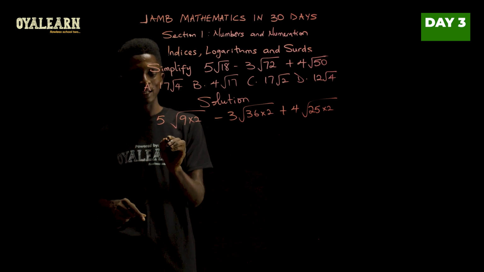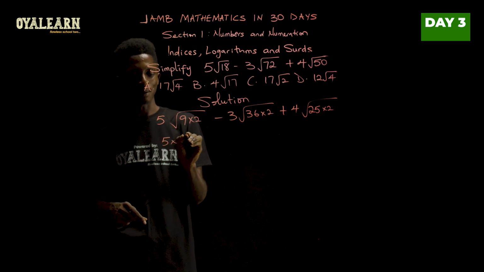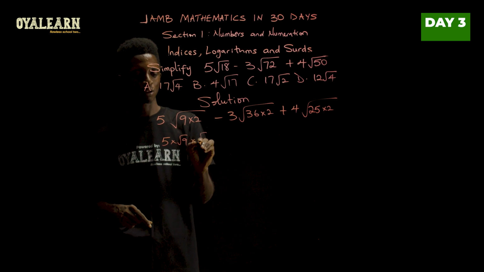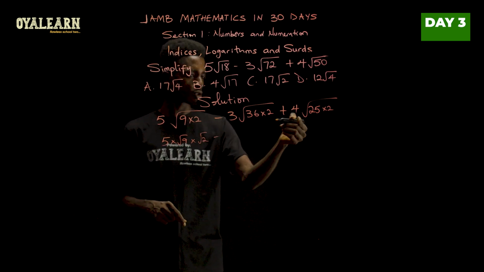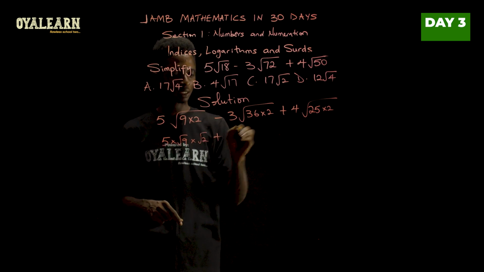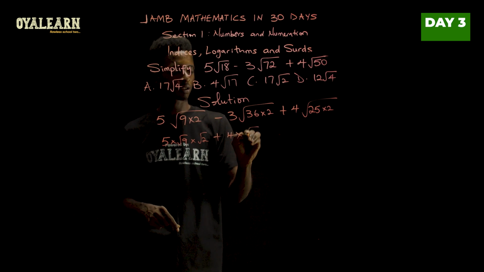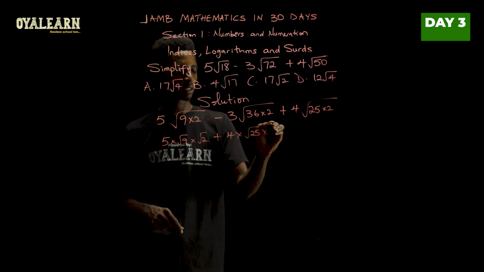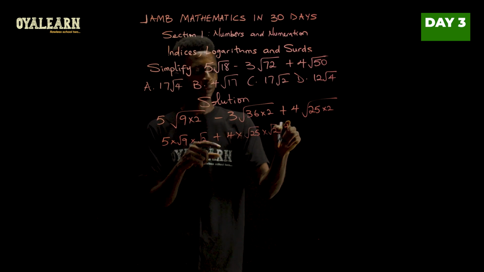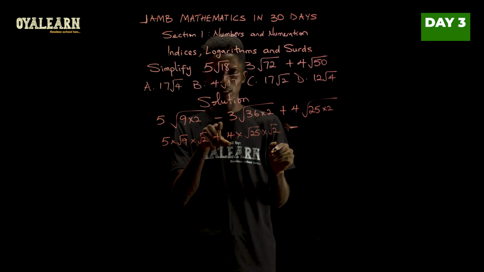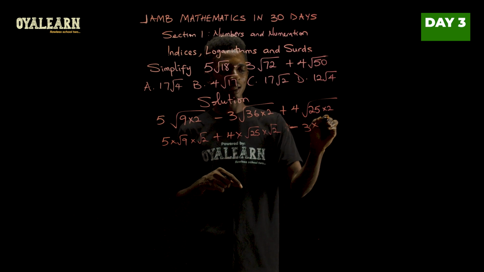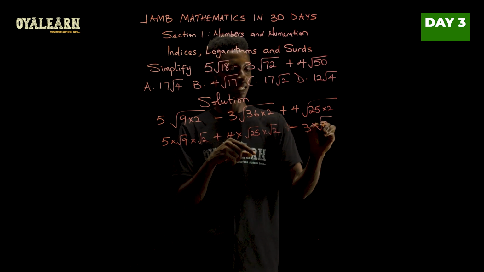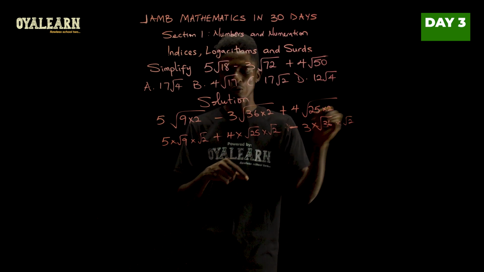So from here, we can then have 5 times surd 9 times surd 2. Now, let's do this addition next. Plus 4 times surd 25 times surd 2. Then minus now 3 times surd 36 times surd 2.